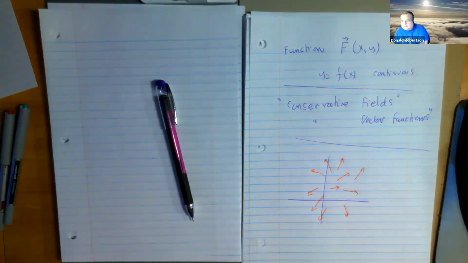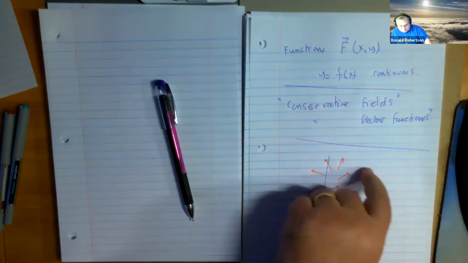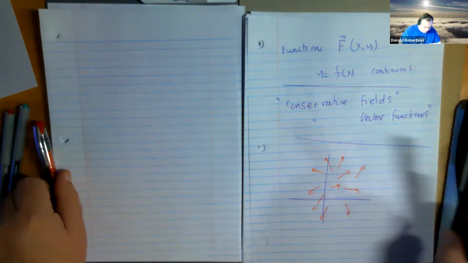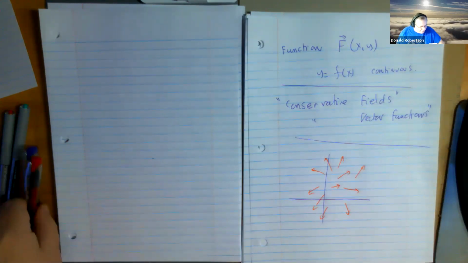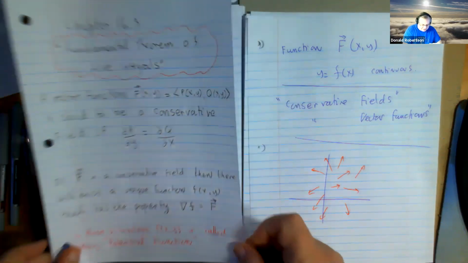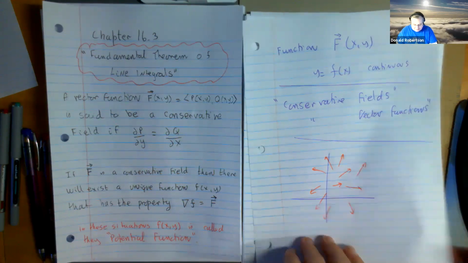Would you agree you can't really describe continuity now, because every single infinite point here has a vector associated with it, right? So we don't go the continuity route. We do go a very, if you were picking this, I don't think you'd ever come up with this. So what does a conservative field or a conservative function have that makes it nice? It has this.